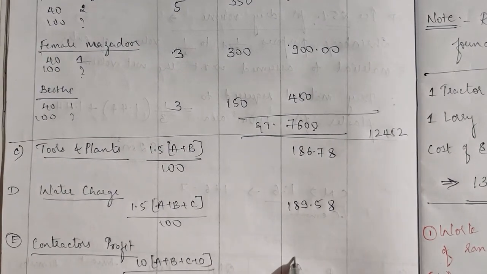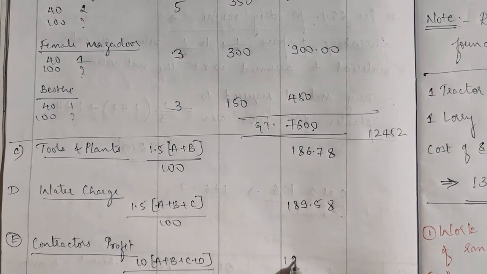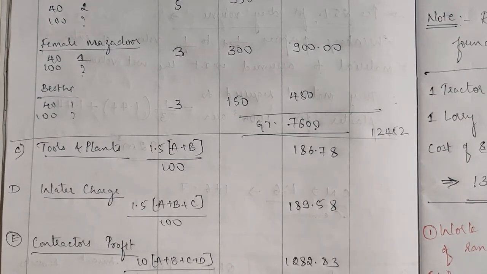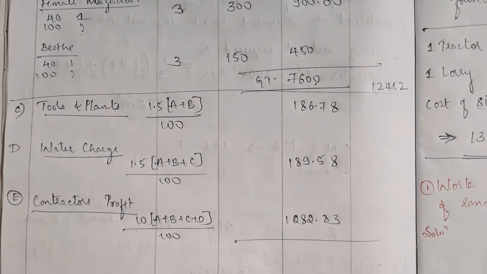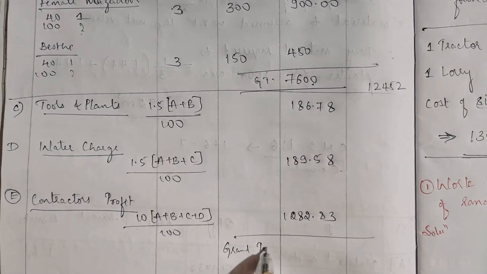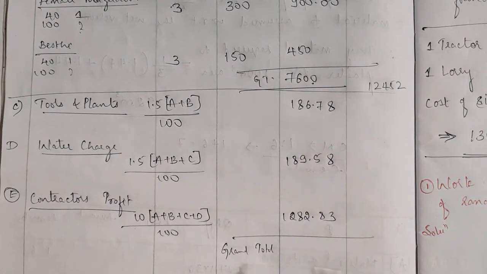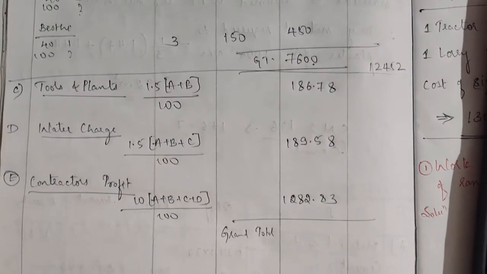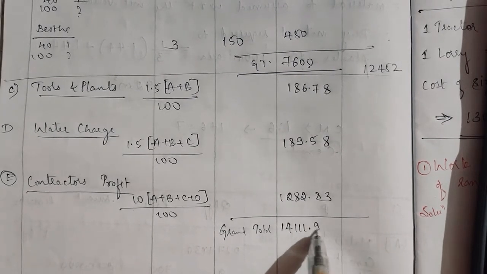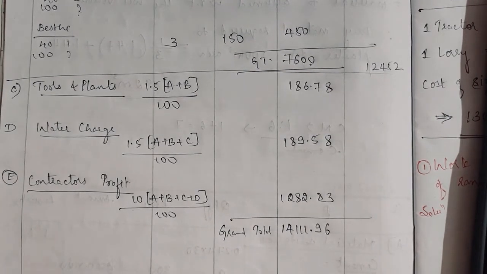It would be 1282.83. So I'm going to make the grand total. 14,311.96 will be the grand total.